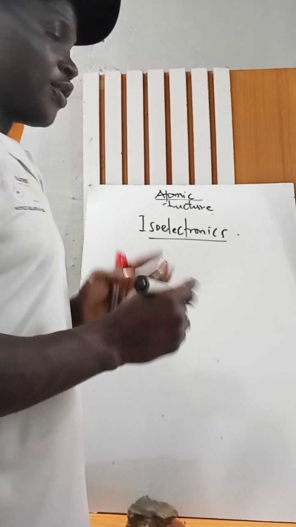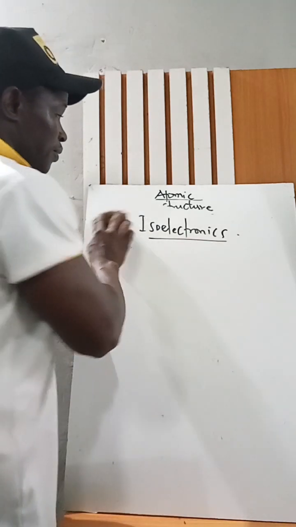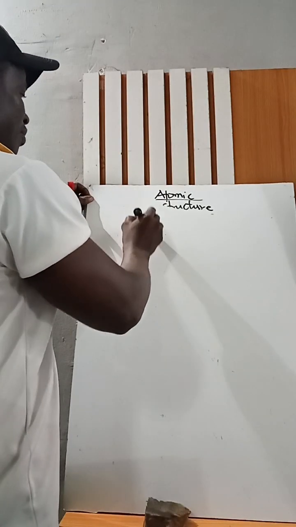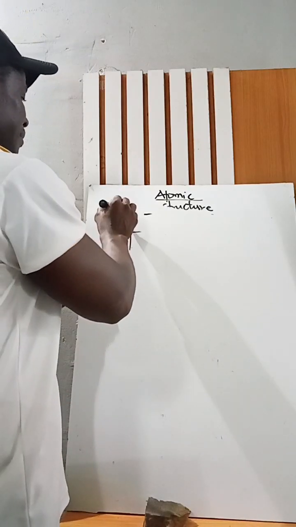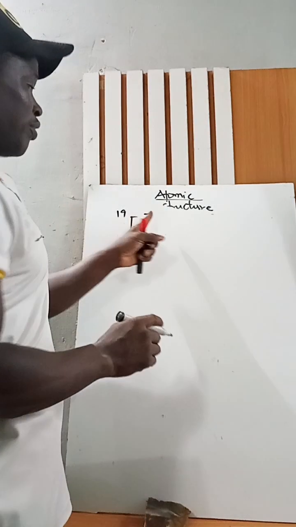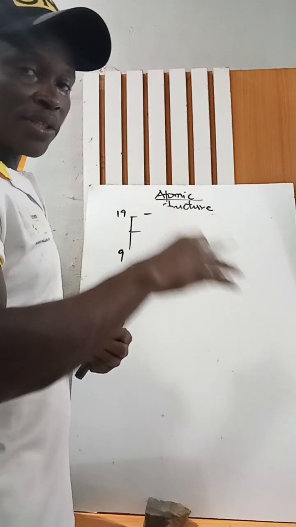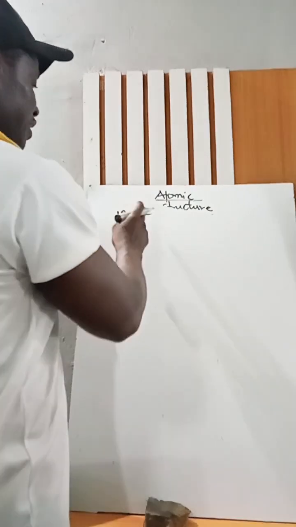All right. So we are going to take a few questions and then you see what I'm going to do. Look at this. Now, look at this question. This is fluoride ion, 9, 19. When you see negative, it means it is gaining. Positive means it's losing. Negative means it is gaining. So it's gaining 1.